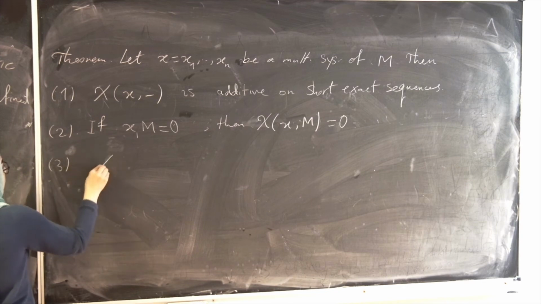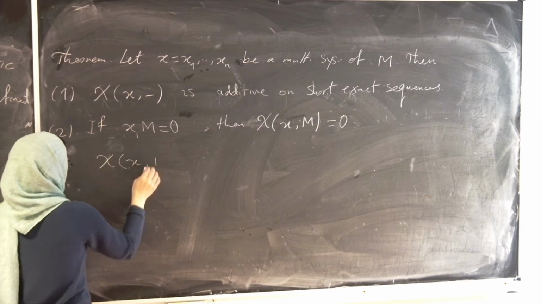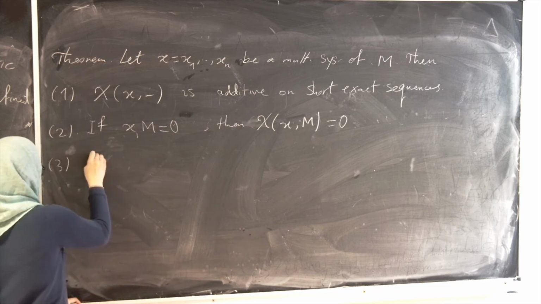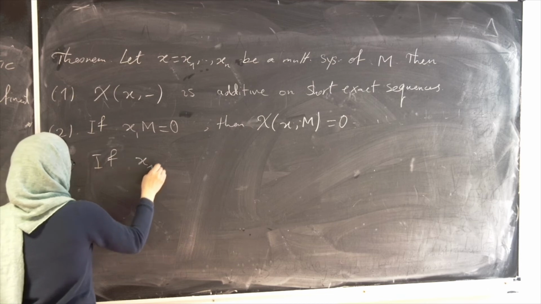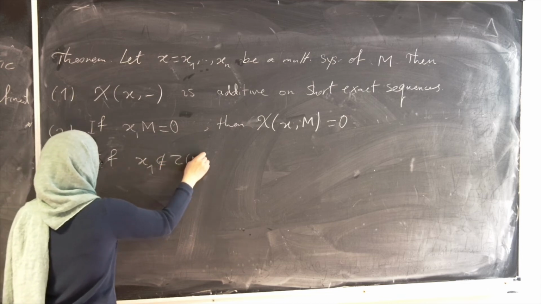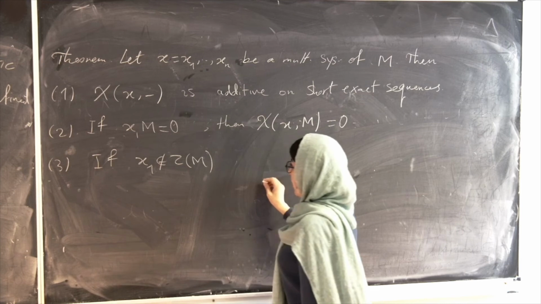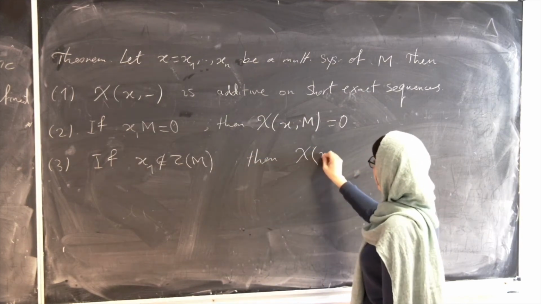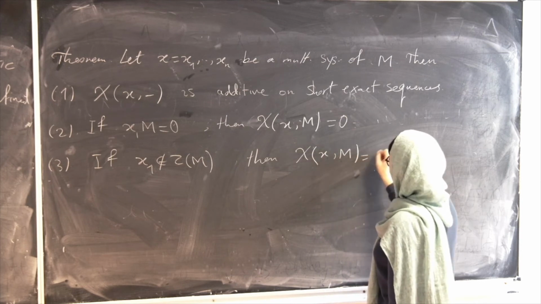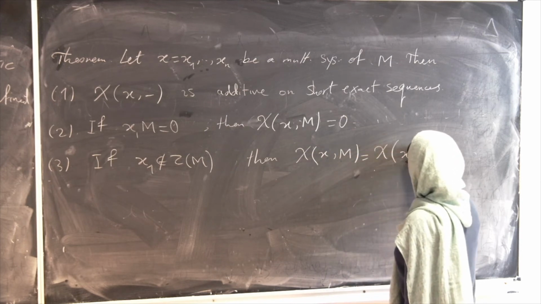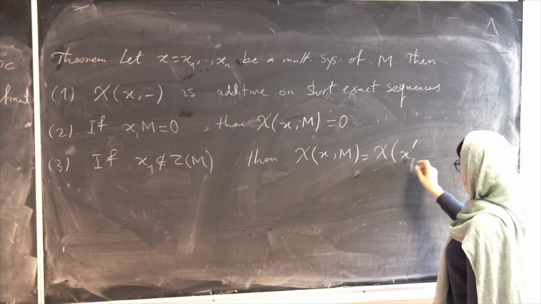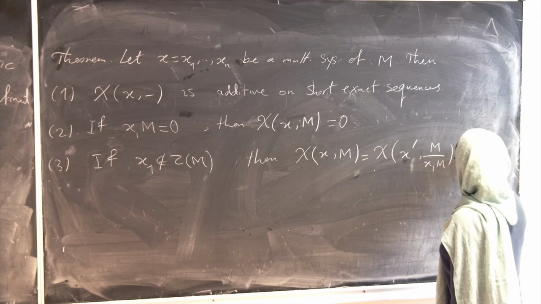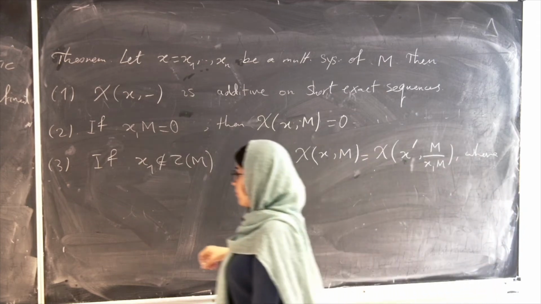And we can compute, whenever we have a non-zero divisor, if x1 is not in the zero divisors of M, then we can compute the Euler characteristic in terms of a shorter sequence for this quotient module, where x prime is just x but we remove x1.